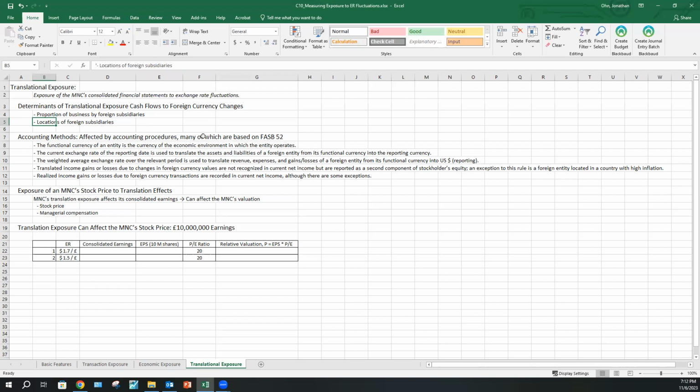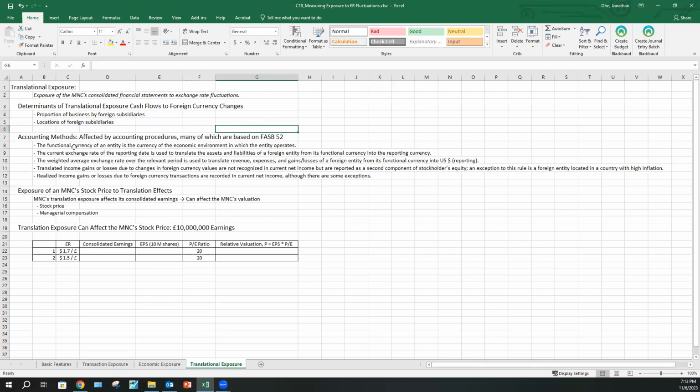If they have more locations in countries with higher volatility, their translational exposure probably will be higher. Okay, so those two are the determinants of translational exposure.